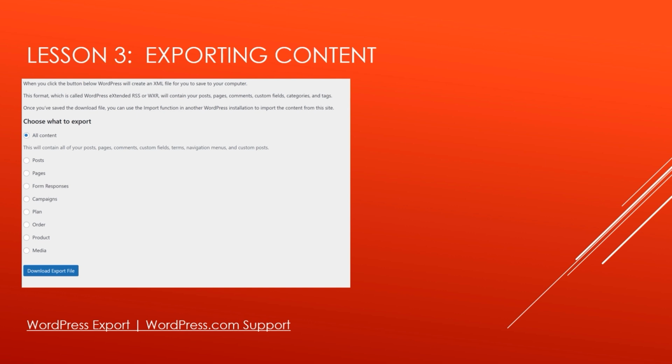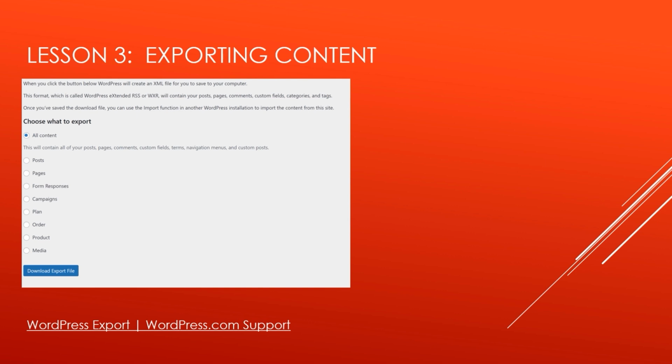So this is the screen you will see when you go to export content. And I have a link at the bottom that'll give you some more information on exporting from the WordPress.com support page. What it does is create an XML file for you to save to your computer when you export. That's extensible markup language.